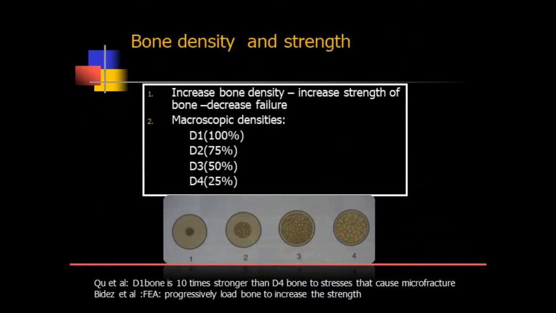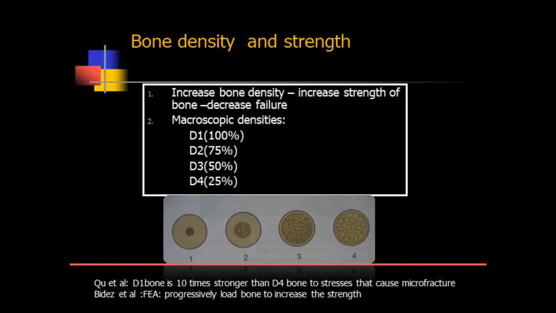Now the relationship between bone density and strength. So several studies show that bone strength is directly related to density. So we know the Misch classification of bone based on their densities, that is D1, which is the most dense bone, that is dense cortical, D2 porous cortical and coarse trabecular, D3 porous cortical and fine trabecular, D4 that is fine trabecular, which is the weakest bone.